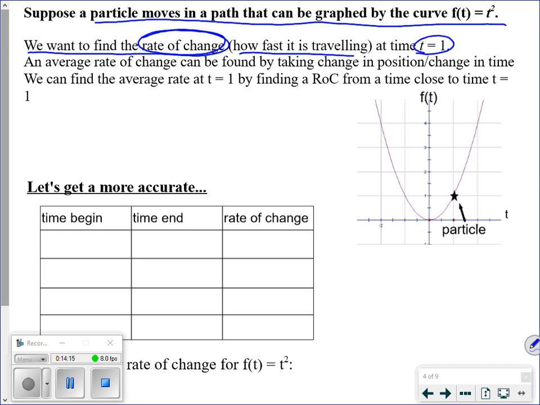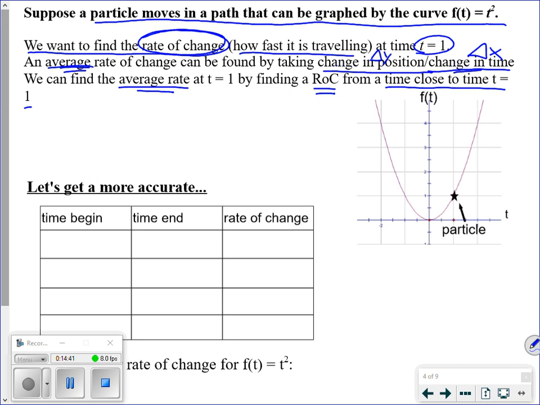An average rate of change can be found by taking the change in position, which is your change in y, divided by your change in time, which is your change in x. And we can find the average rate at time equals 1 by finding the rate of change from a time close to time equals 1.